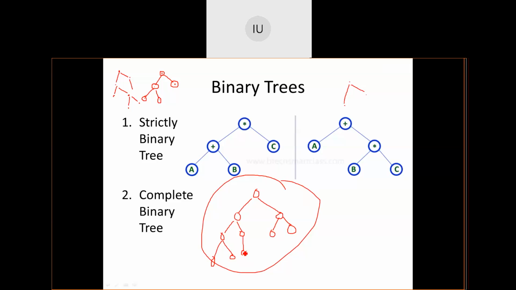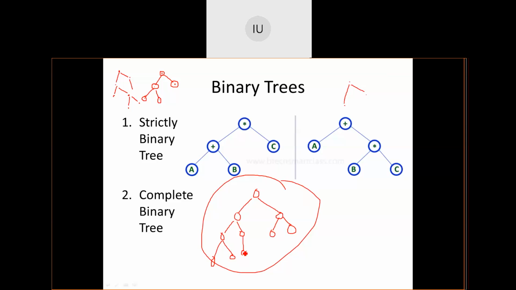A tree of level L has nodes in such a manner that the tree up to level L minus 1 is complete, but there are fewer nodes at level L. I'll repeat again. A tree where the total number of nodes up to level L minus 1 is complete, but at level L the nodes are still incomplete.